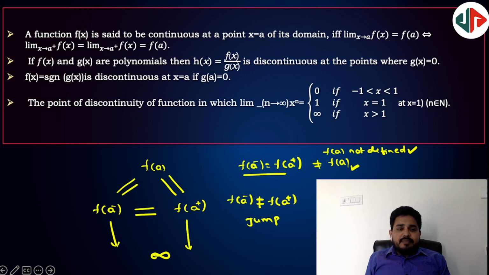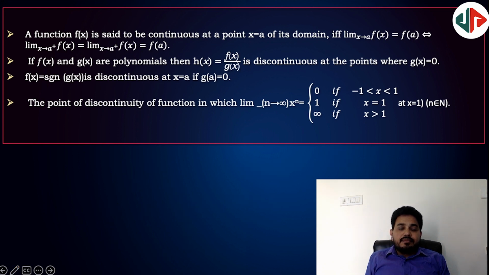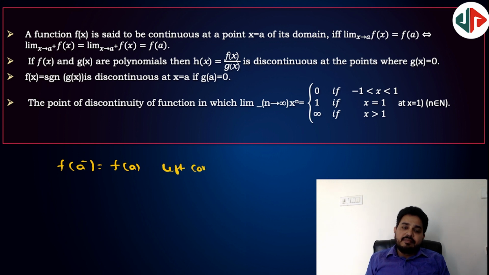Next one is f of a minus is equal to f of a. This is left continuous. f of a plus is equal to f of a. This is called right continuous.